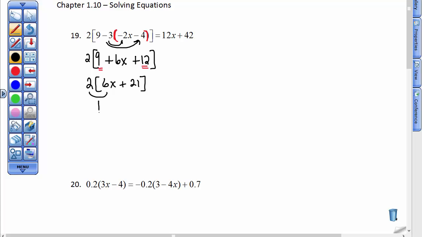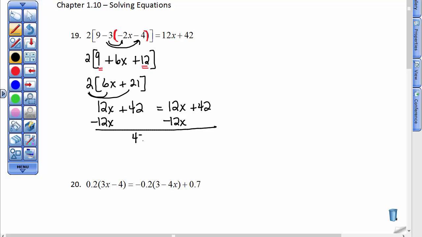2 times 6x is 12x, and 2 times 21 is 42. Let's bring down the right side of the equation. Hey, wait a minute. The right side is the left side. They're exactly the same. So you could go about trying to solve this. You could go ahead and subtract 12x from both sides, but you lose all the x's.